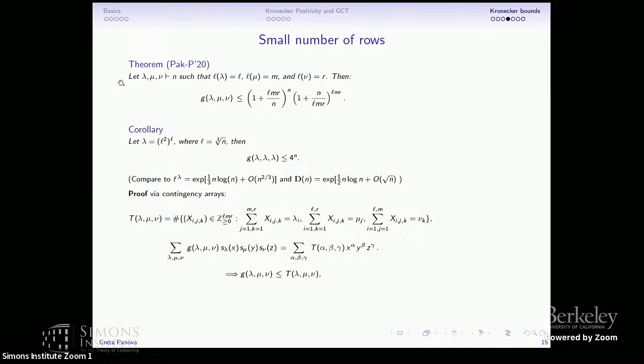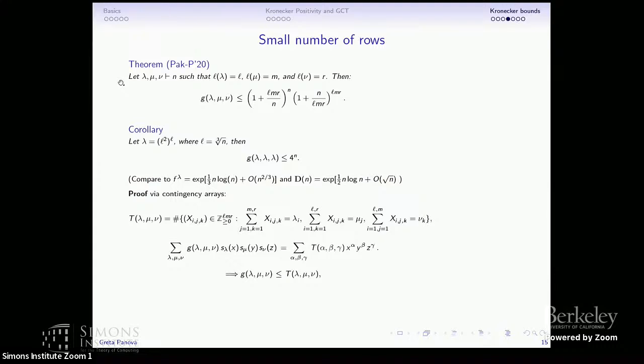And then we have this identity. If we sum over all lambda, mu, and nu the Kronecker coefficient times the Schur function, you can think of just the irreducible GL_m representations, and these are going to be the characters. But in any case, these are polynomials with positive coefficients, so that's all we care about.